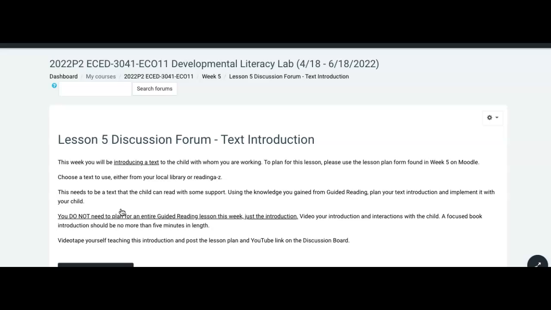Introductions are carefully thought out plans. I've worked with many teachers who don't feel the need to write out their text introductions. What happens then, if it's not written out, when you go to introduce that text to a group of students, you're not going to include everything that you wanted to include for those particular students.